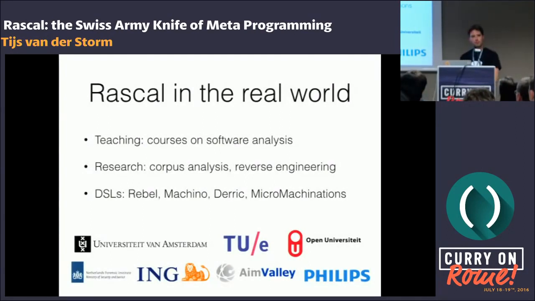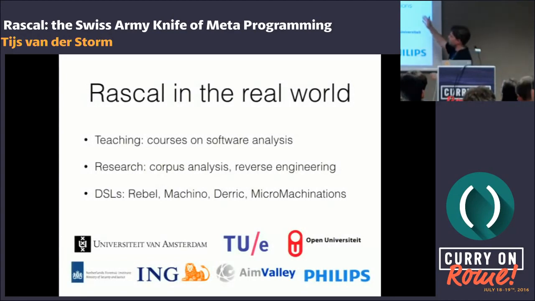We have not many papers on Rascal itself, but most of the papers that our group produces are possible because of Rascal. So Rascal is for us a really strong research tool that is behind many of the papers that we write. One particular area is corpus analysis, where we analyze millions and millions of lines of Java code and C code.